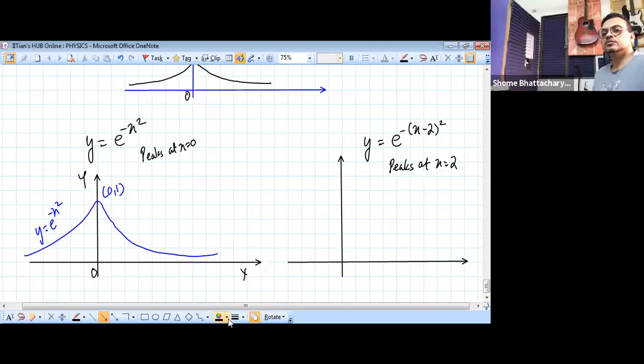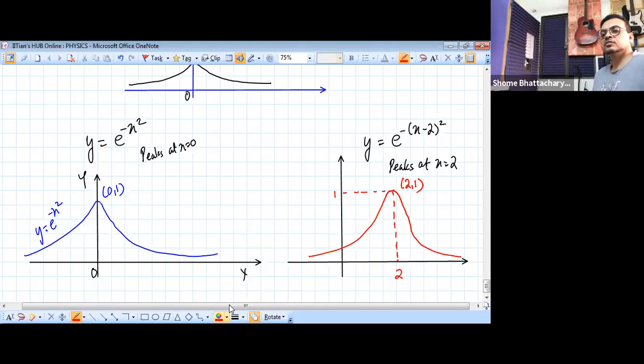So this graph now will be something like this. The peak point here is (2, 1).